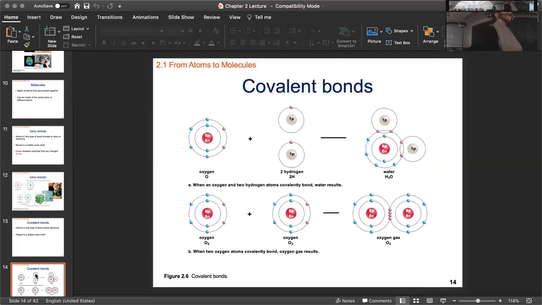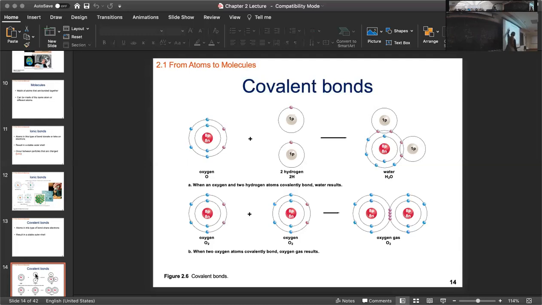So here we have water, right? Hydrogen dioxide. It says when an oxygen and two hydrogen atoms covalently bond, water results. So water is an example of a covalent bond. Let's show what that looks like here. Here we have oxygen. Remember that oxygen has 8 protons, 8 neutrons.